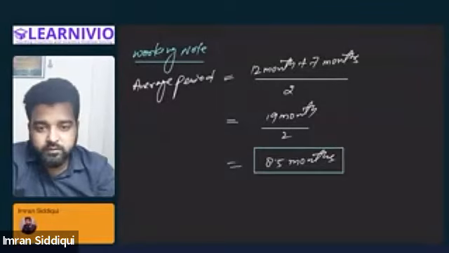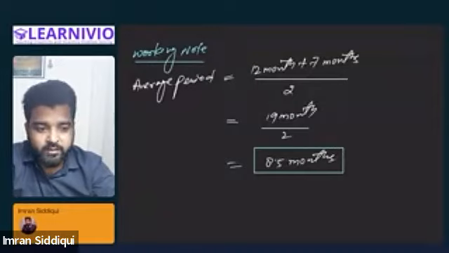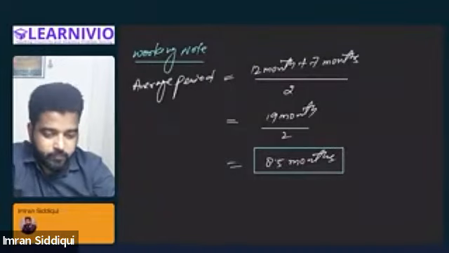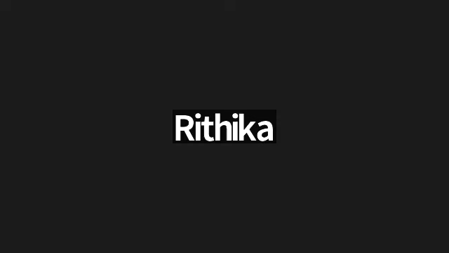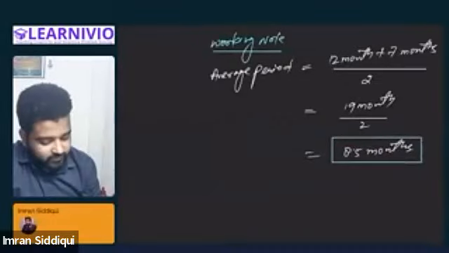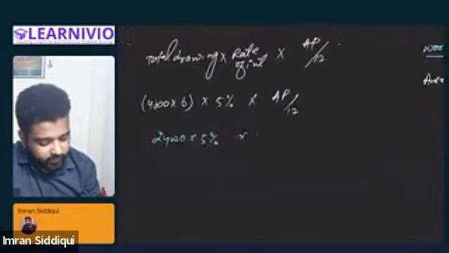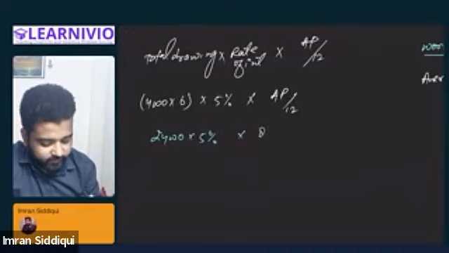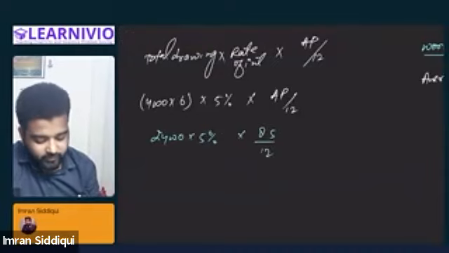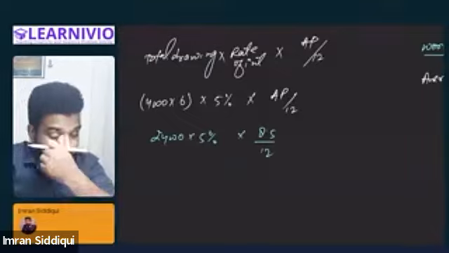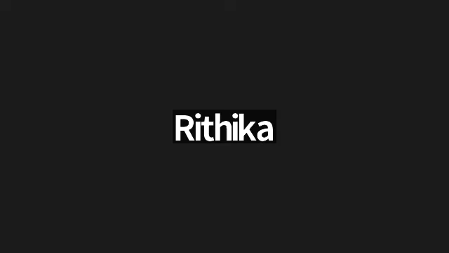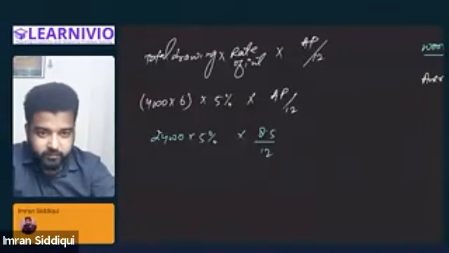Just confirm if this calculation is clear to you. Yes, sir. Okay. So now taking this value to our main formula and putting it in place of average period, 8.5 months divided by 12. Now I think, sir, by solving, won't... Yes, Ritika? Won't 19 by 2 be 9.5? You're telling me the answer?